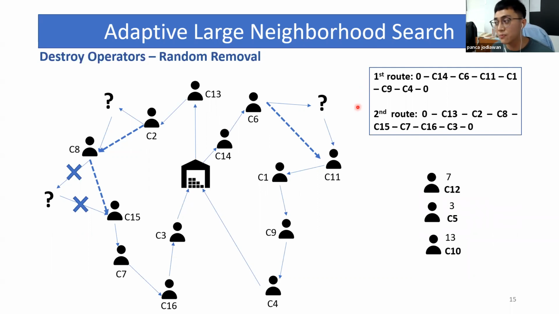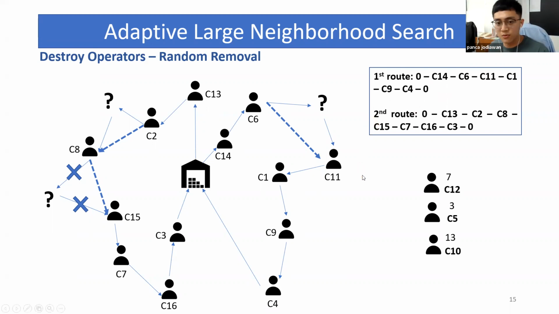We call it partial because some of the customers are taken out and we need to repair them later by using a set of repair operators. So remember, the output of the destroy operator is a partial solution. The partial solution here only consists of a subset of customers, not a complete set of customers for CVRP.